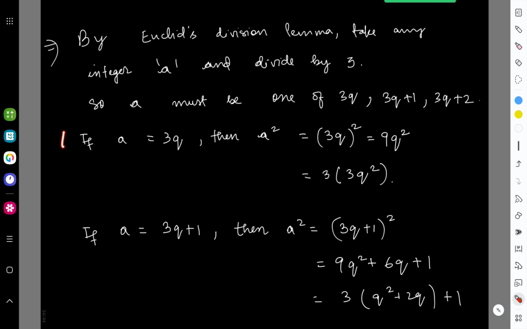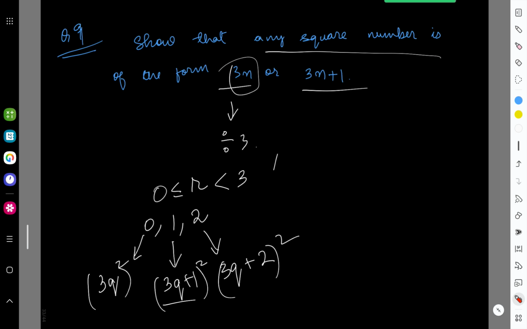This is case number 1. If a is equal to 3q, then a square. Where does this a square come from? This comes from the question, show that the square number. So we have taken that integer a, so we have to find a square.